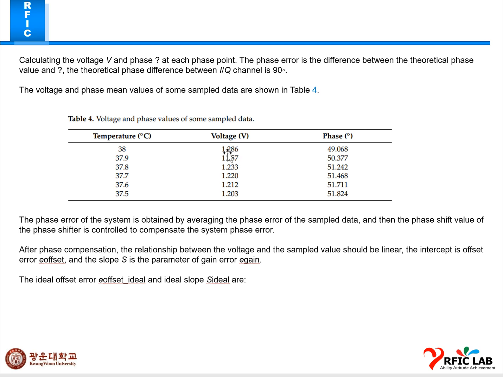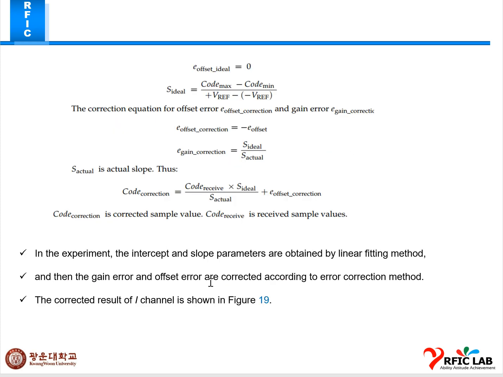This slope becomes the gain error, e gain, the idle offset error, e offset idle, and the idle slope, S idle. After correction, we changed the calculation way.